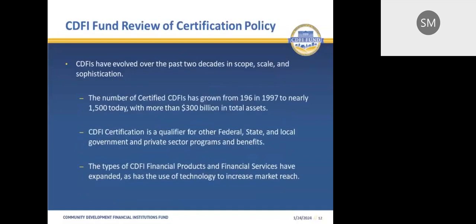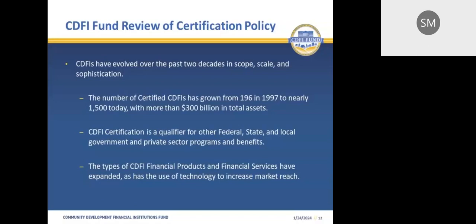Over the past 2 decades, CDFIs have evolved in scope, scale, and sophistication. The number of certified CDFIs has grown from 196 in 1997, when the first certifications were issued, to nearly 1,500 today. And the total assets held by CDFIs have grown to more than $300 billion.